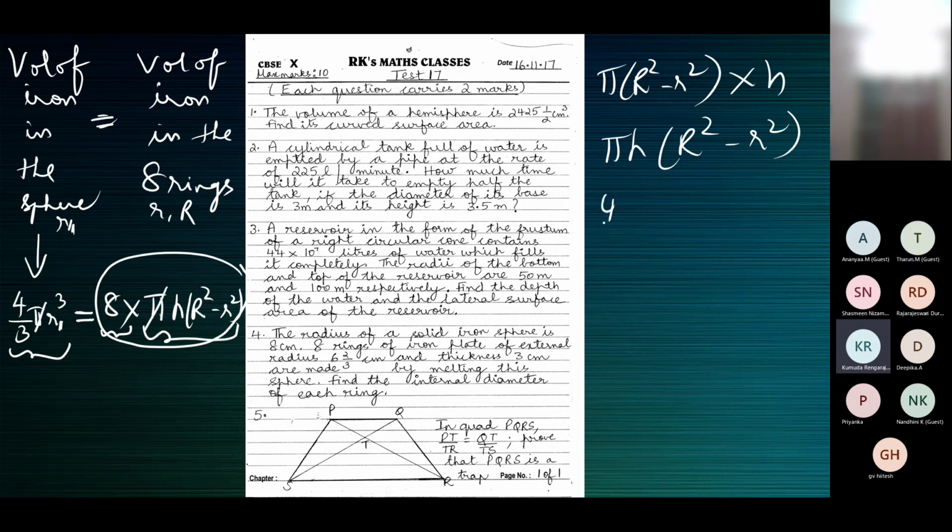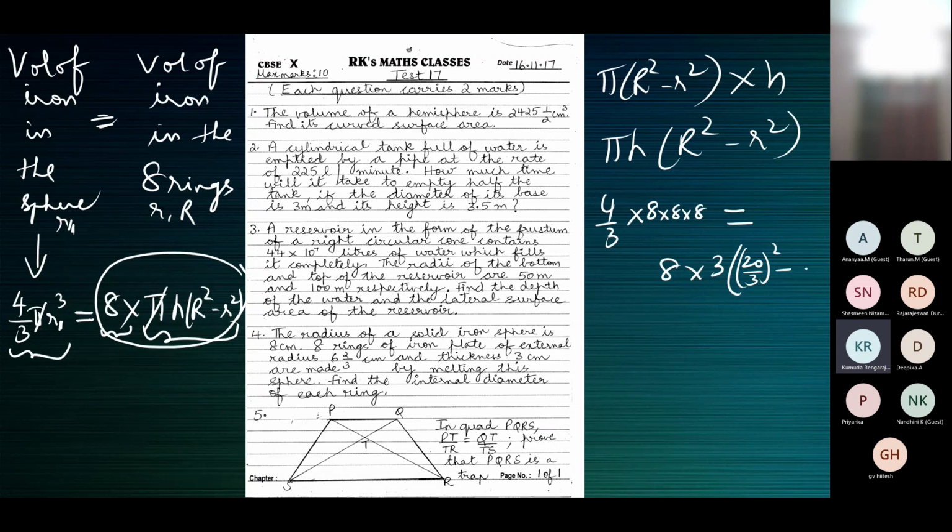Now 4 by 3 into, what is R1? 8. 8 into 8 into 8 is equal to, I'll write it below, 8 into, what is h? 3. 3 into R square, capital R square, 20 by 3, the whole square.